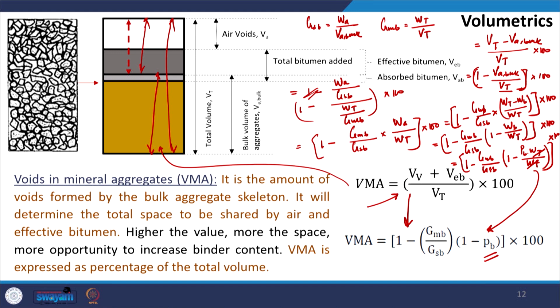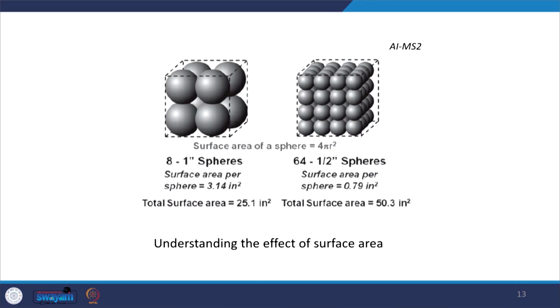So, I hope that this derivation is clear to you, and similarly we are going to look at other derivations related to other volumetric parameters. But before that, as I said, the VMA is also a function of the size of the aggregate particles.